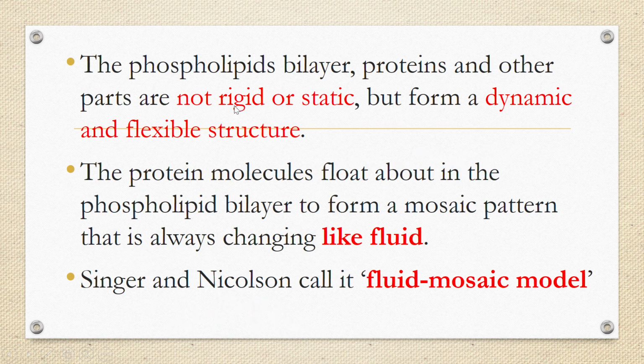They are not rigid or static, but a dynamic, flexible structure with protein molecules floating about in a phospholipid bilayer, forming a mosaic pattern. So that means they are always changing like fluid. Therefore, it is called the fluid mosaic model, by the two scientists who discovered the plasma membrane.